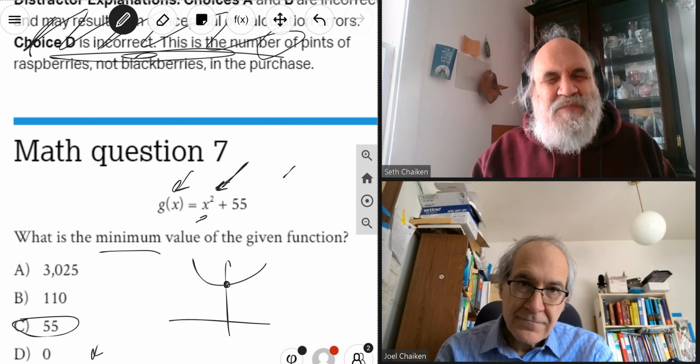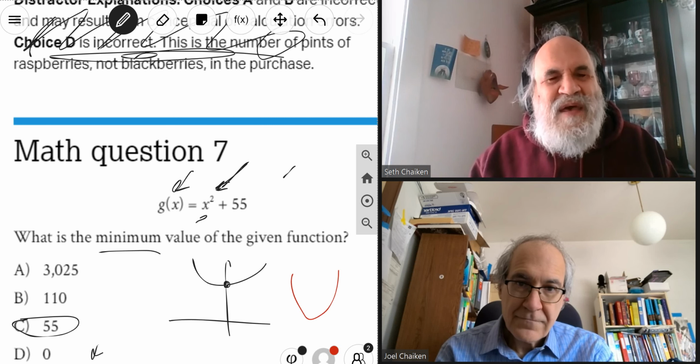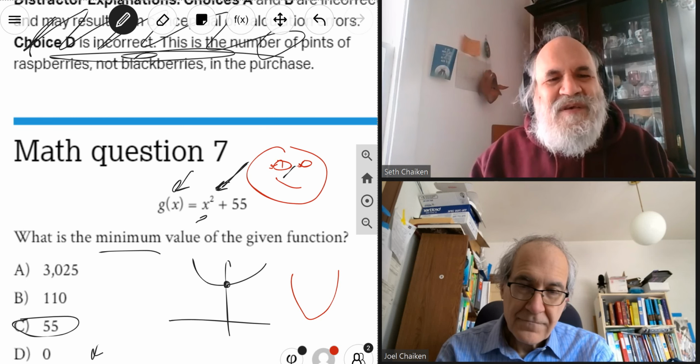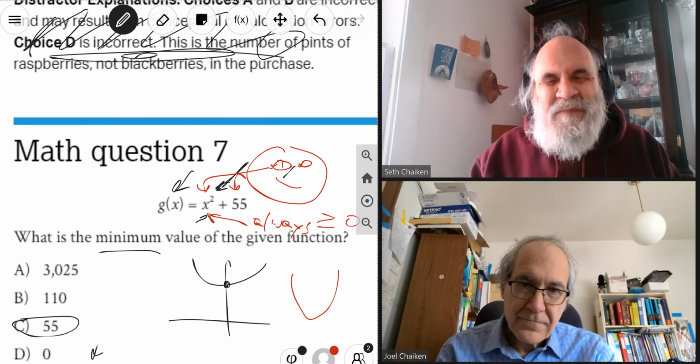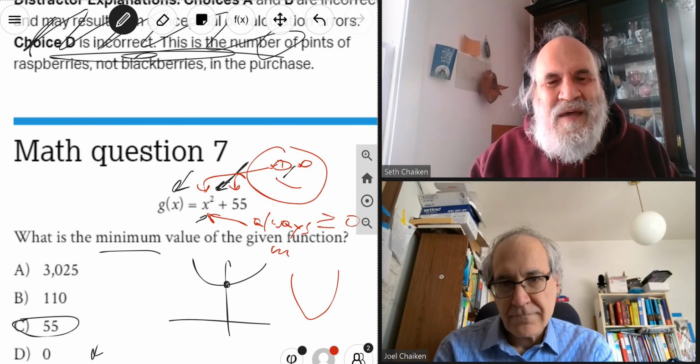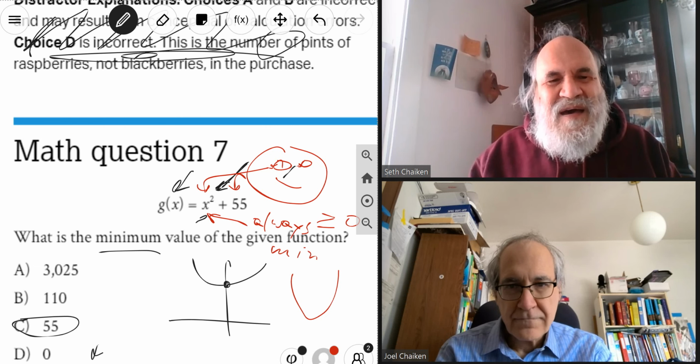And then I looked at the expression, and I thought this is always greater than or equal to 0, and it's added to 55.